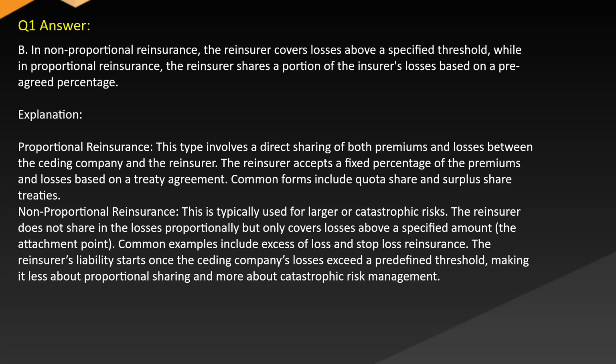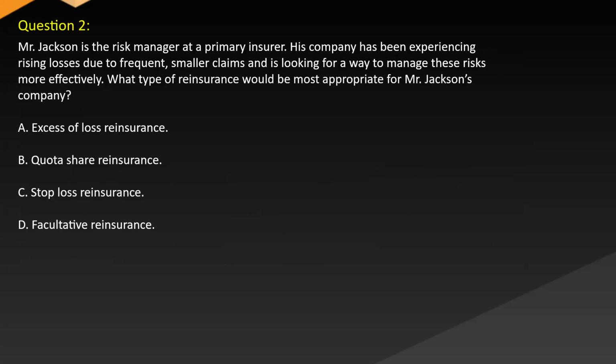The reinsurer does not share in the losses proportionally but only covers losses above a specified amount, the attachment point. Common examples include excess of loss and stop-loss reinsurance. The reinsurer's liability starts once the ceding company's losses exceed a predefined amount, making it less about proportional sharing and more about catastrophic risk management.